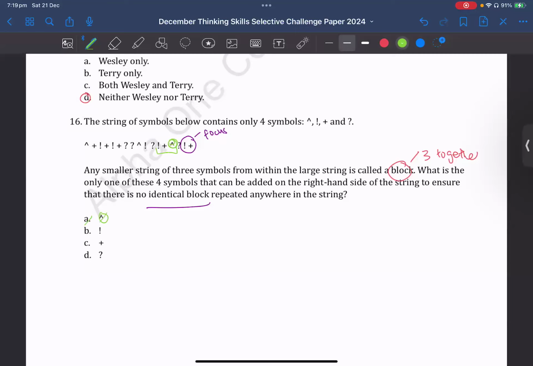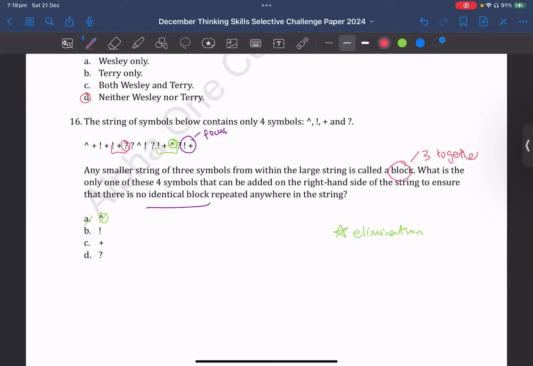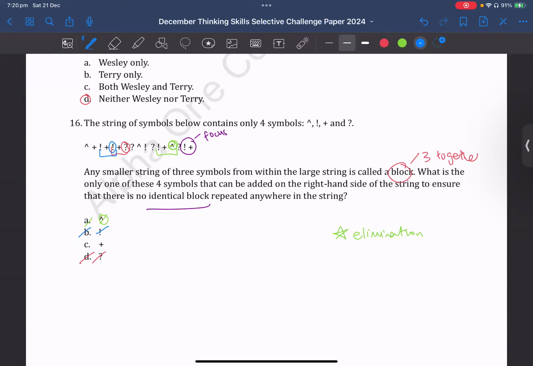So this cannot be there because it says there can't be an identical block. So the method for this is elimination. Moving on, I also see this here, where we have that there, so it can't be D either. And I also see that, okay, we have this one here. So we can't have that, which is why the best answer for this is C.